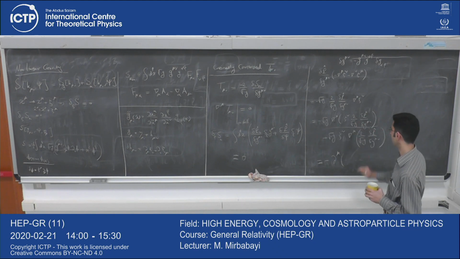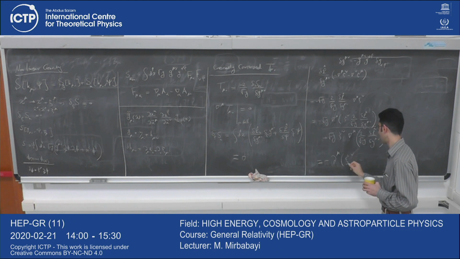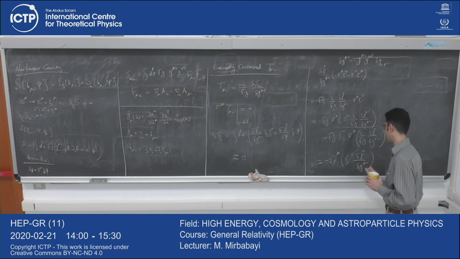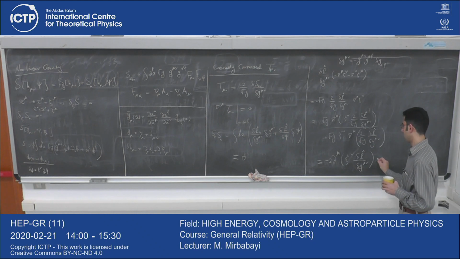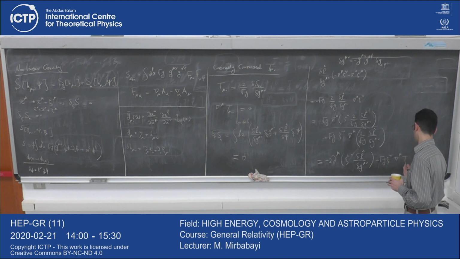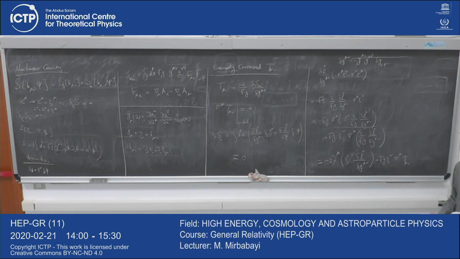I can take the square root of g inside: ordinary derivative of xi nu times, just take 2 outside, delta L hat over delta g mu nu. And the second term is nothing but minus the square root of minus g xi nu times del mu of T mu nu, the T mu nu that I defined there.